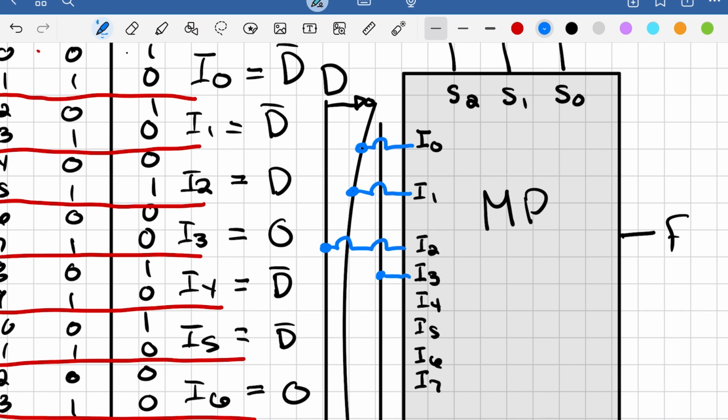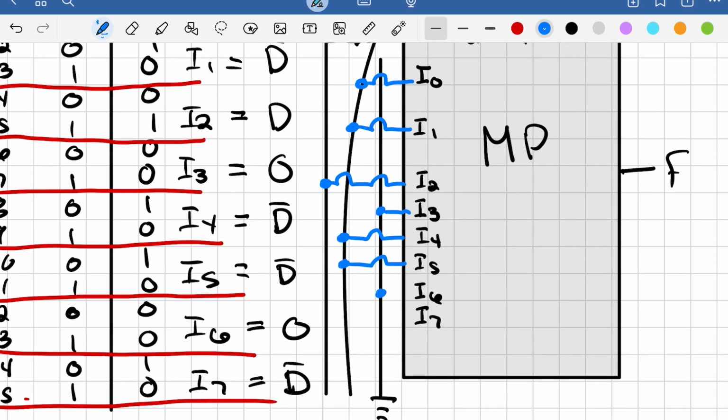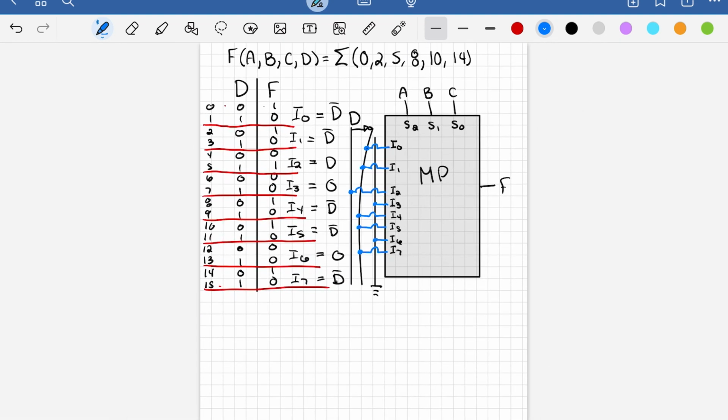Our I4, D prime. I5, D prime. I6, 0. And I7 is D prime. Okay, and that is how we solve this equation.